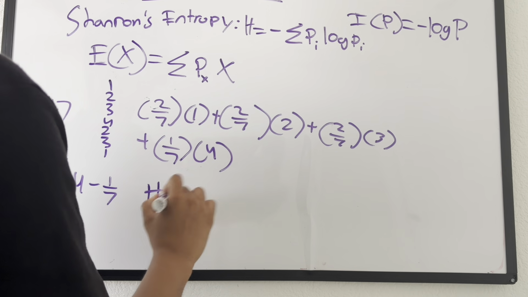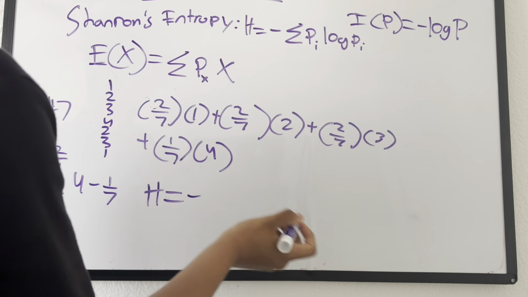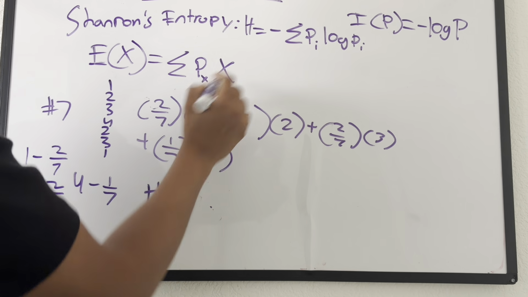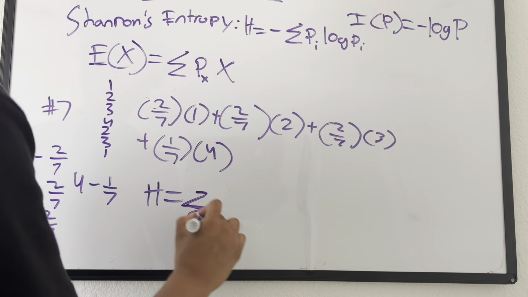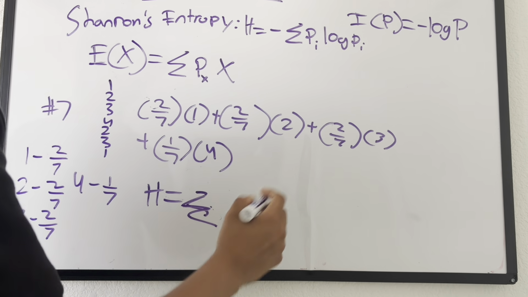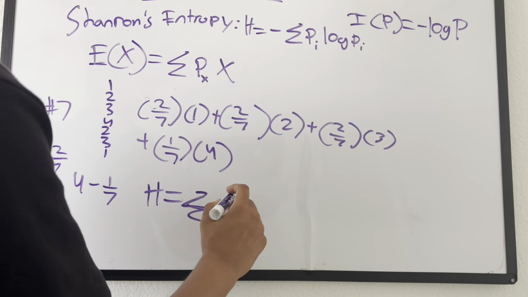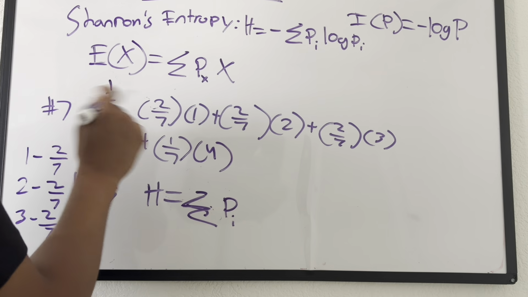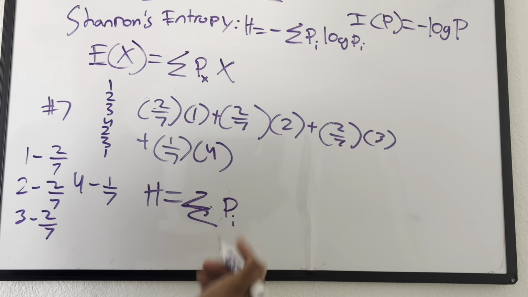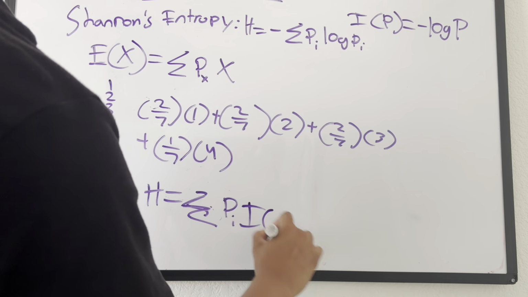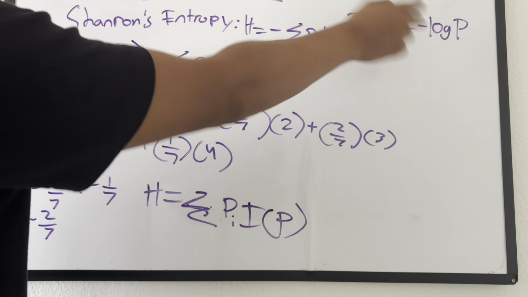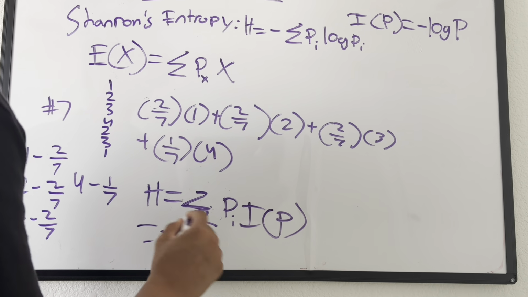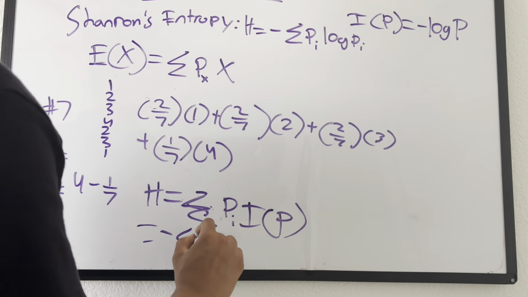So H is equal to negative summation, or actually, if we just plug it in, it's a summation of Pi, the probability of each number or symbol or whatever it is in that stream of information, and then we can substitute in I of P. There's a negative sign here, so we can put that negative out front, and then we come across the derivation of this.